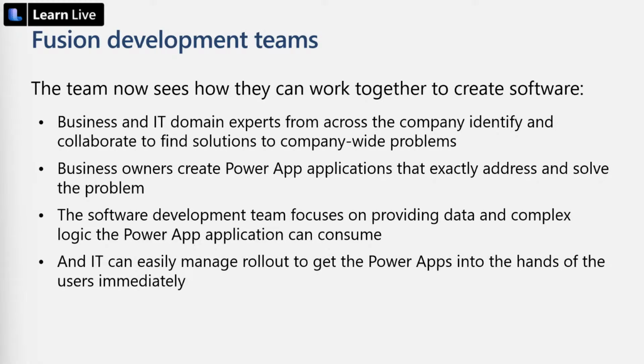The software development team focuses on providing data and complex logic to the Power App application that it can consume, those web APIs that I was talking about earlier. And last but not least, IT can easily manage the rollout to get the Power Apps into the hands of the users immediately, the people within that specific organization.